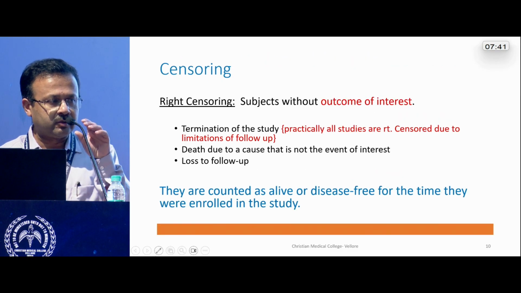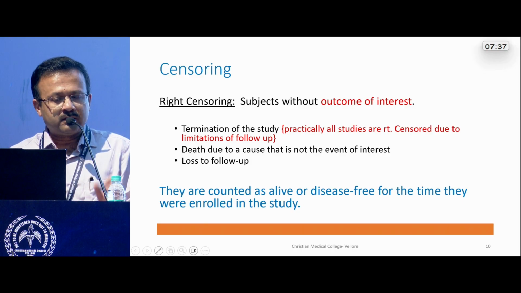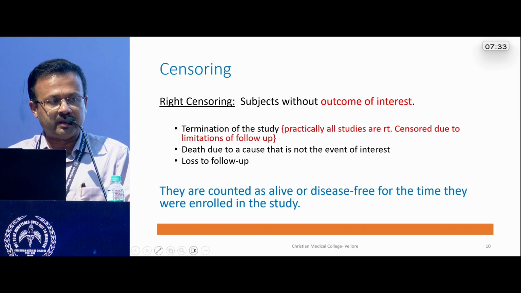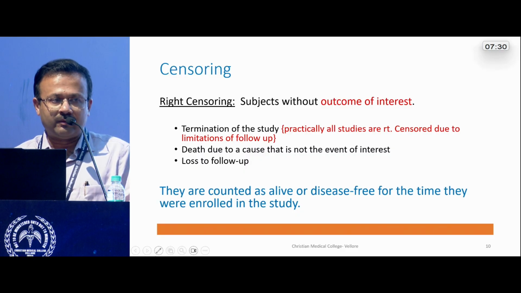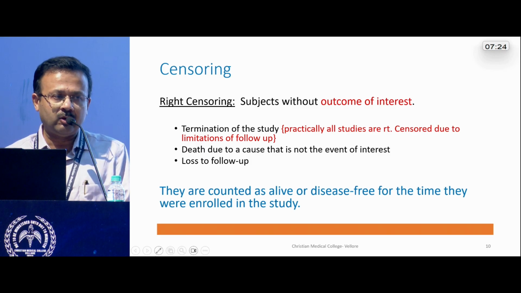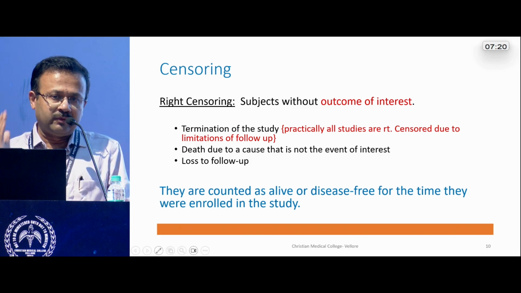Just to spend a bit of time here, in censoring, what happens is any real-time data or any real-time trials will have to have a time period defined. So you can't keep on following this patient up unlimitedly. All people will eventually die, but we will have to limit our time.